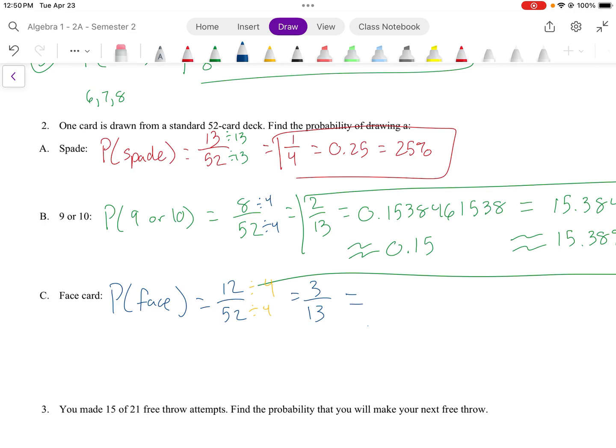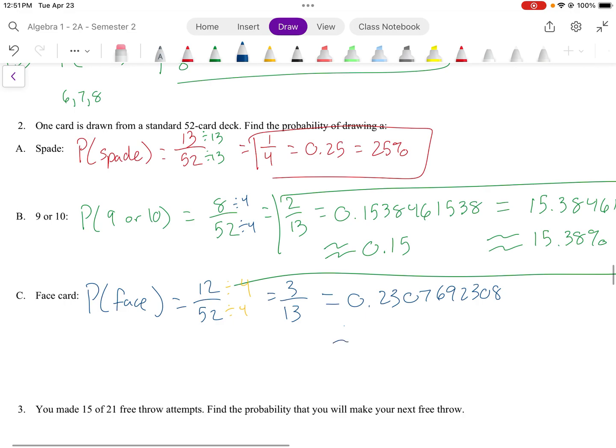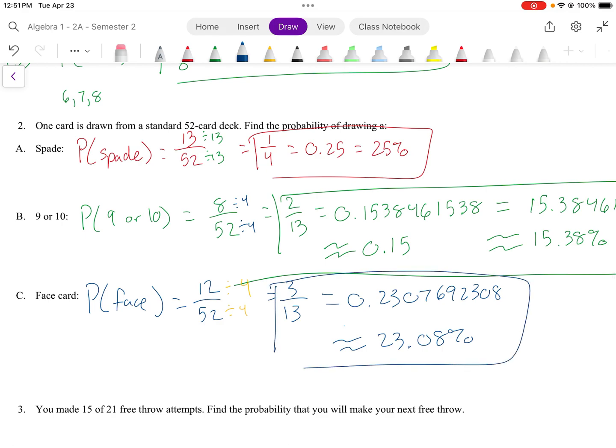Gives me 3 out of 13, which we're going to have that same kind of gross decimal situation. 0.2307692308, which is approximately equal to 23.08%. All right. Now I kind of just skipped from the long decimal to the percentage there, rounded, but I will give you very clear instructions of what I want you to round to if I want you to round.